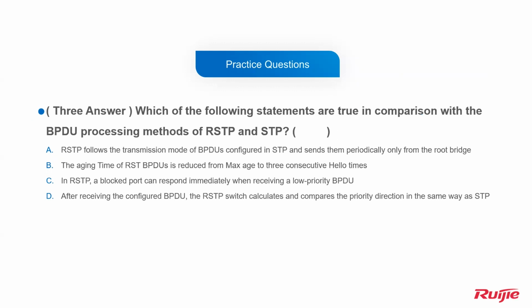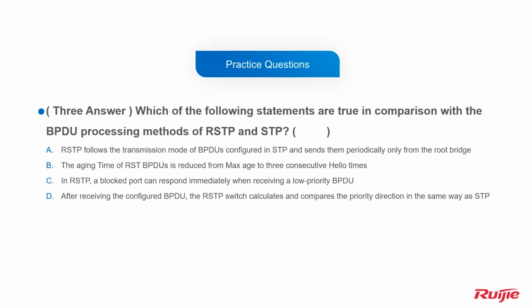Choose A: RSTP follows the transmission mode of BPDUs configured in STP and sends them periodically only from the root bridge. This is false, because the first part is true, they send the BPDUs periodically, but not from the root bridge. Each RSTP bridge can send the BPDUs independently.